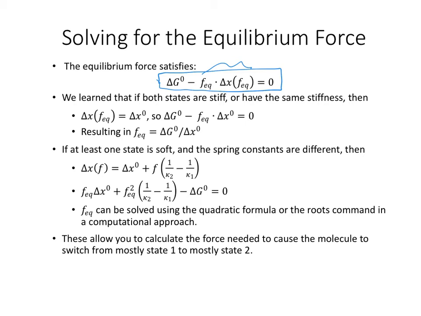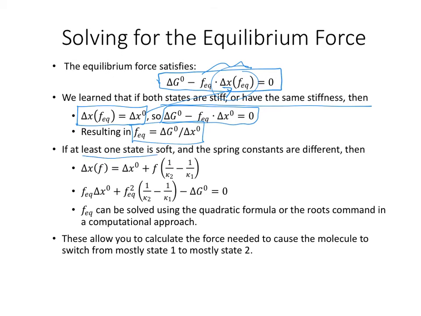And so if both states are stiff or have the same stiffness, we had this very simple expression that the difference in length is the same as at standard conditions. If we plug that into this value here, we have this very simple expression, and we can rearrange that to solve for the equilibrium force. That is, the equilibrium force is the ratio of the difference in energy to the difference in length in standard conditions.